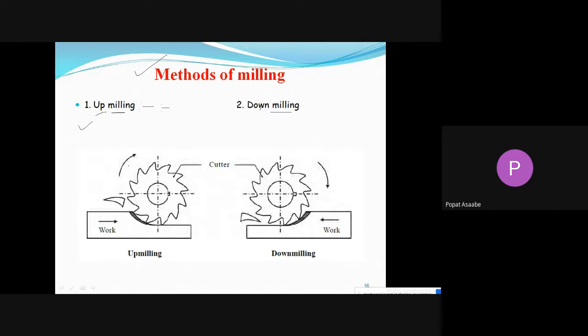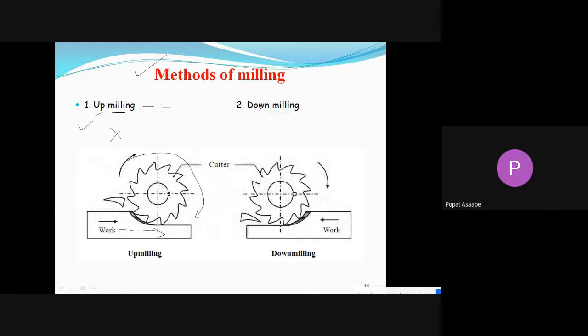Simple. See here, this is the cutter and your cutter is rotating in this direction, and now we are feeding this workpiece in this direction. Means the rotary motion of your cutter and the feeding direction of your workpiece are opposite to each other.